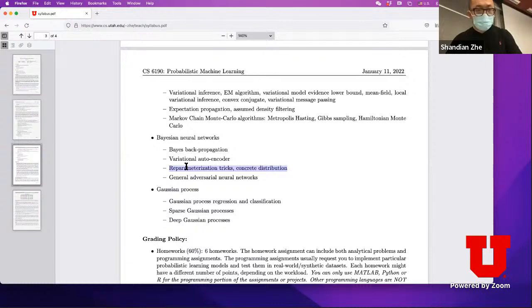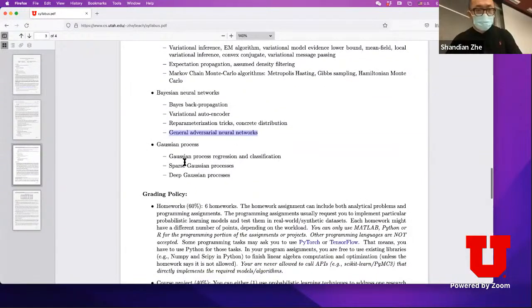If you use the reparameterization trick, the implementation will be extremely simple, based on PyTorch or TensorFlow, those automatic differentiation libraries. And then generative adversarial networks, right? We're going to talk about that. It's a recent technique with a lot of fancy, cool applications. We're going to talk about the ideas of that and how to train them.